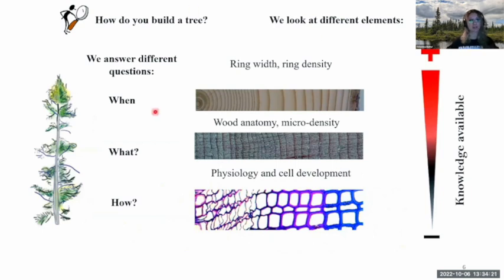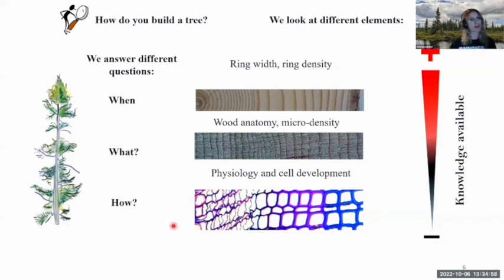And then, if you look at these three different scales, you are actually answering three different questions, which are all equally important: when something happened, what is happening, how an environmental factor, for instance, is affecting the capacity of a tree to conduct water in the xylem cells or to produce secondary wall thickness that will change wood mechanical properties.